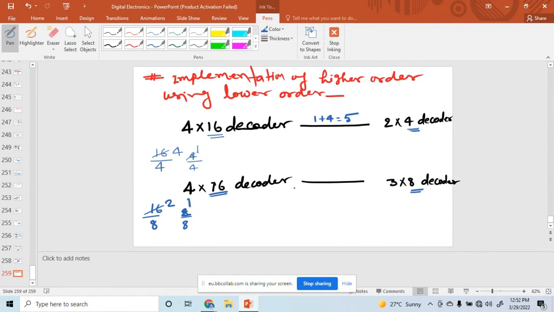So 1 plus 2, that is 3 decoders needed. Are you getting it? Yes, sir. Someone may say 4 to 16 works like 1 into 16, so I only consider this one. No need to look at the 4, 2, or 3, because 16 is the output here, and the 4 is not an output here.